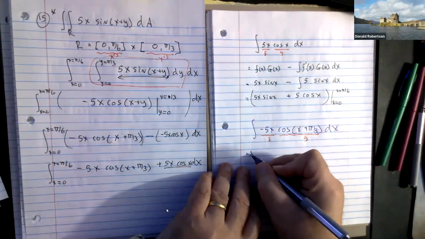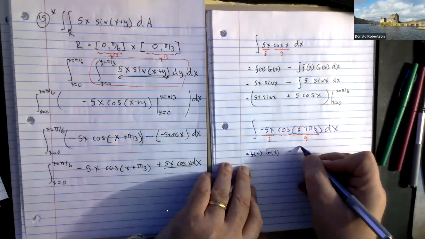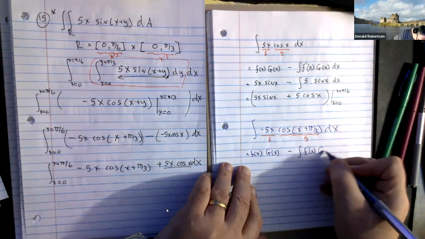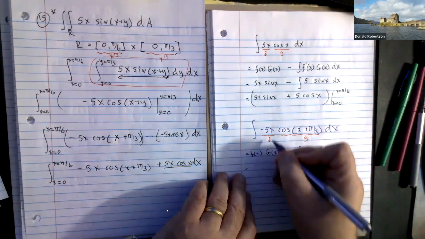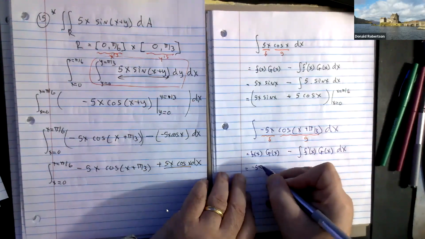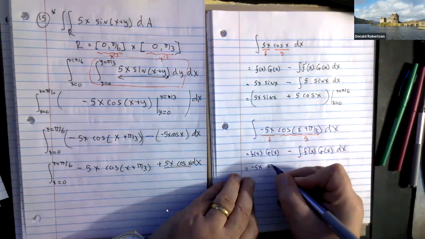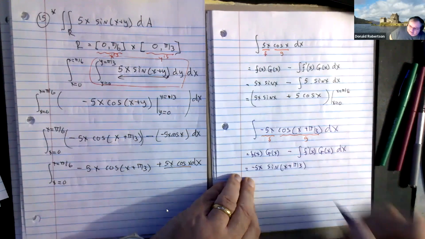So we get f of x, capital G of x, take away the integral of f dashed x, capital G of x dx. Leave that guy alone. If you integrate the cosine of x plus pi upon 3, all you get is the sine of x plus pi upon 3.